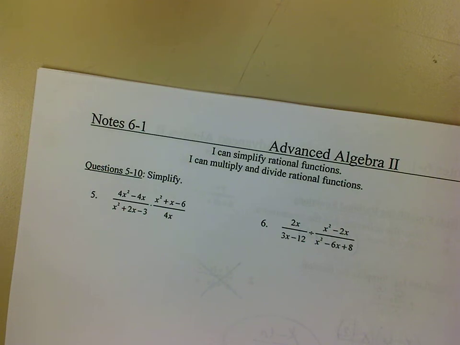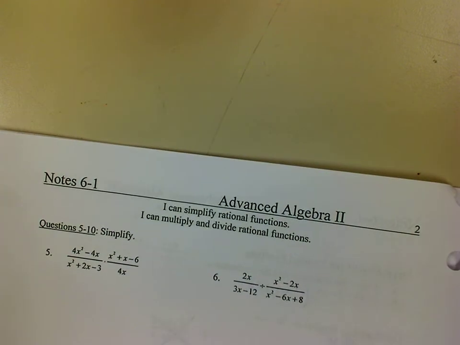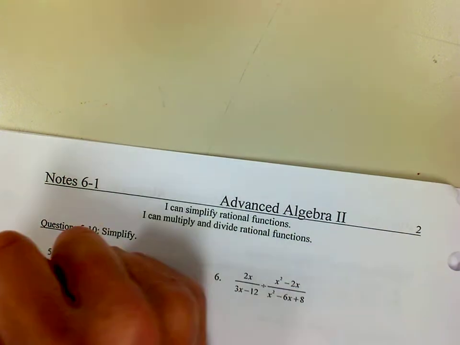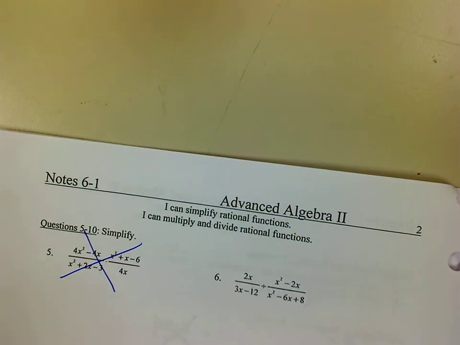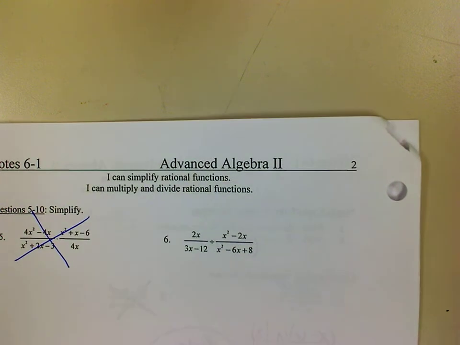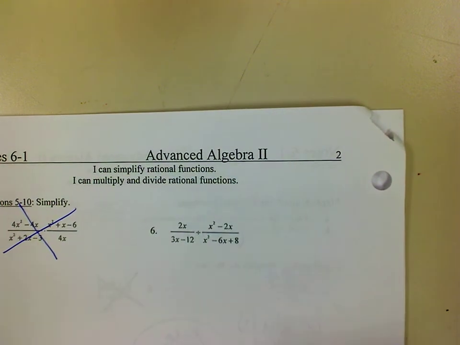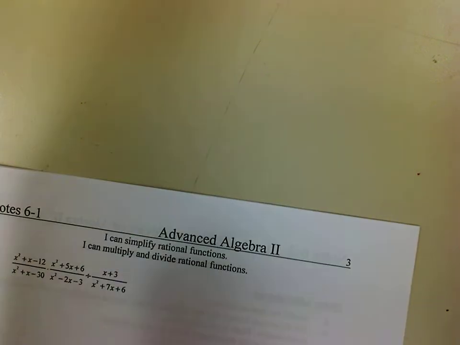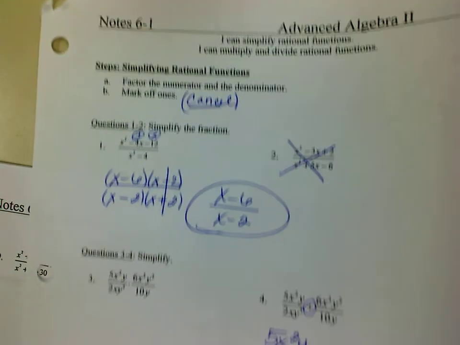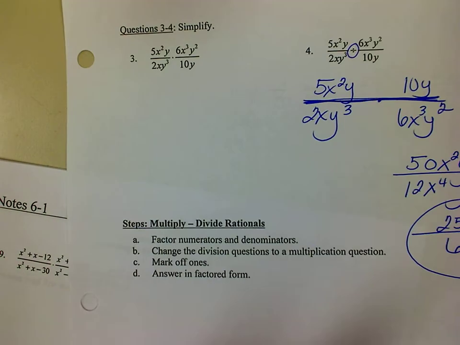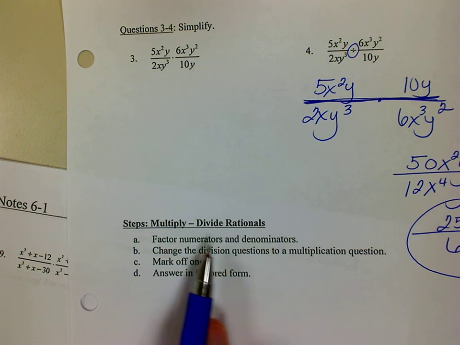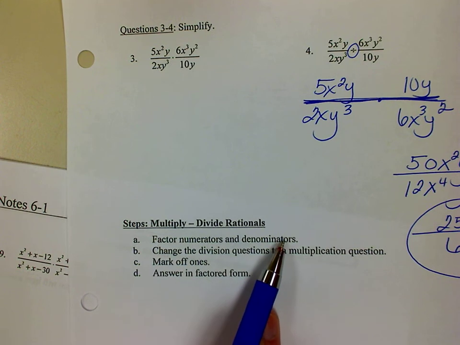Let's mark off number 5 maybe? Yeah, that's probably a good one. Okay, let's start with number 6. The steps are on the previous page. The first thing you want to do is factor the numerator and the denominator.